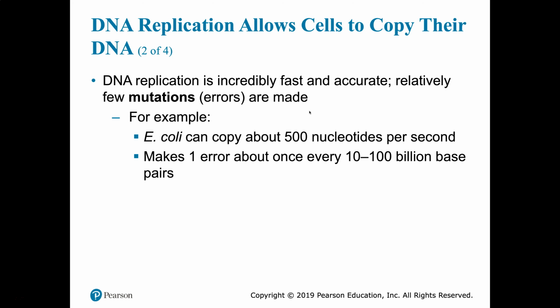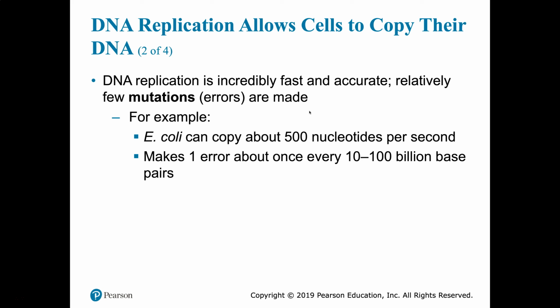As I mentioned, there can be mistakes in replication. Random or spontaneous mutations can occur. However, that's pretty rare. If you look at this example, E. coli can copy 500 nucleotides per second. That's a lot. And it makes an error about once every 10 to 100 billion base pairs.